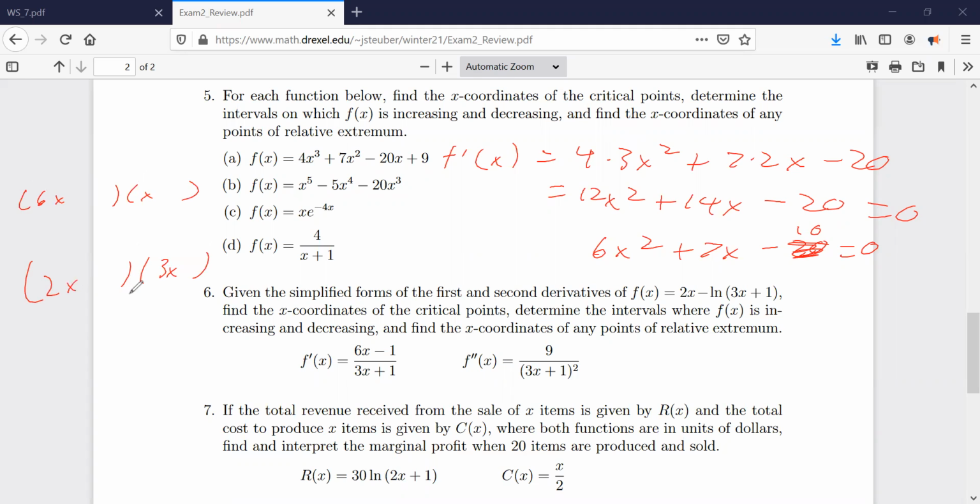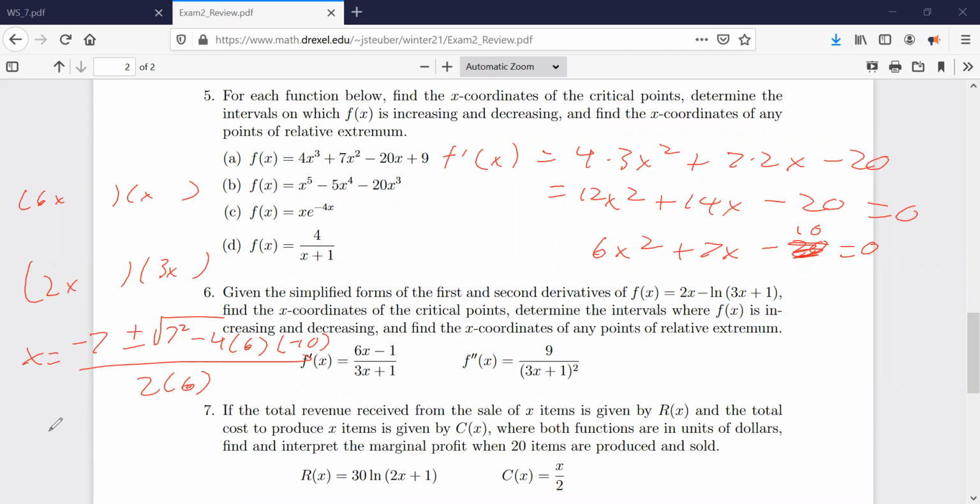Instead, I'm just going to use the quadratic formula and say x is equal to negative b, so that's negative 7, plus or minus the square root of b squared, so that's 7 squared, minus 4ac, all over 2a.